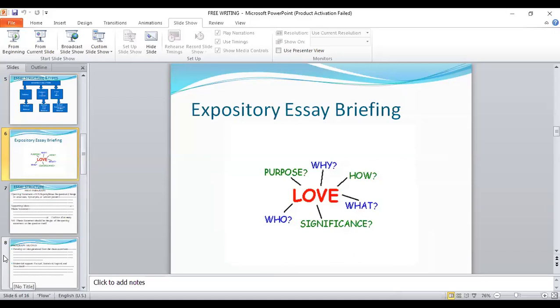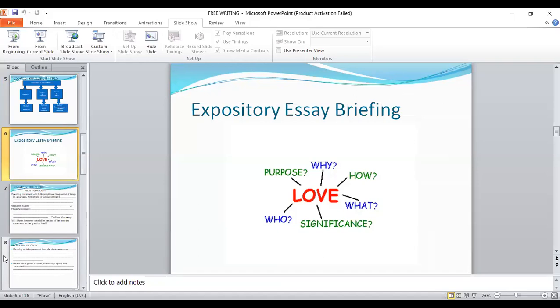Once again, expository essay types: definition, compare and contrast, cause and effect, evaluate. This is what I mentioned. Expository essay in brief. Suppose one of the questions given is about love. So why, how, what is the significance, who is it, and what is the purpose? These are the major points that students have to jot down in a paragraph in order to make a significant expository essay.